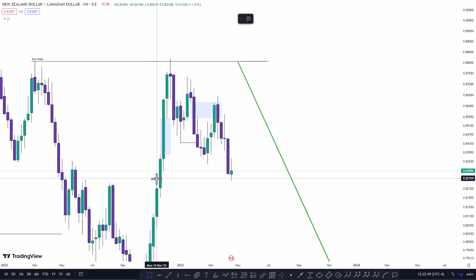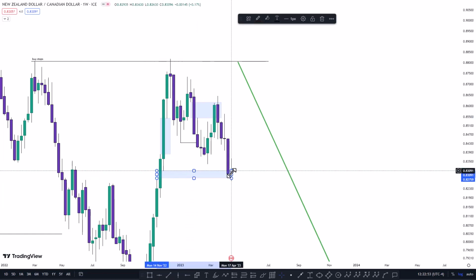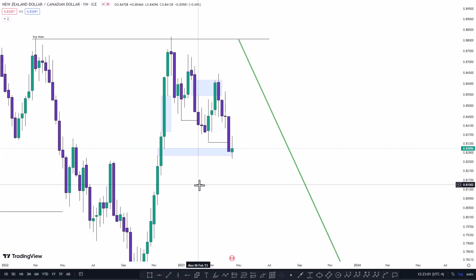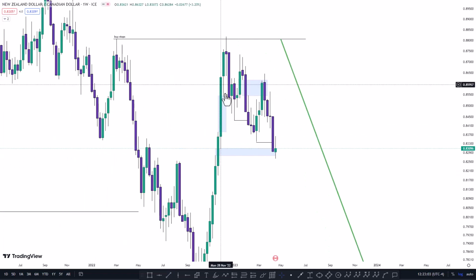You have an imbalance resting here. So we have broken our structure. We are expecting a pullback, right? But the market will not keep creating this type of structure all the way down.